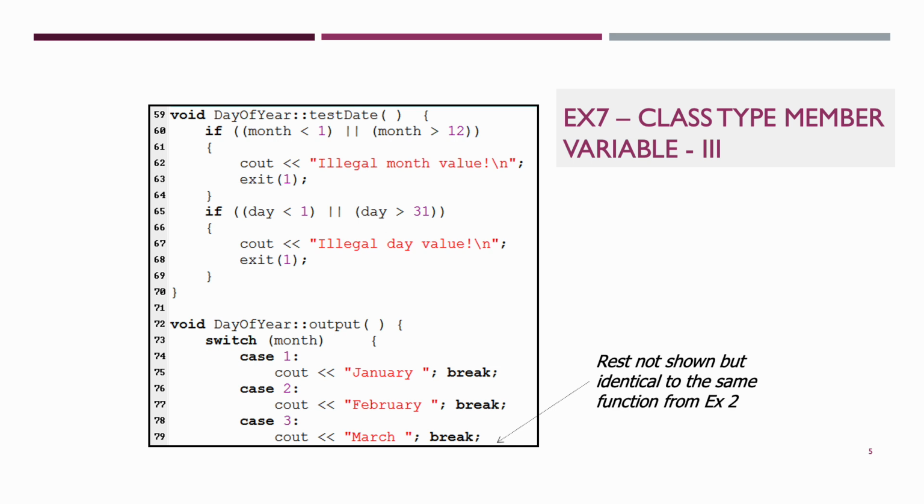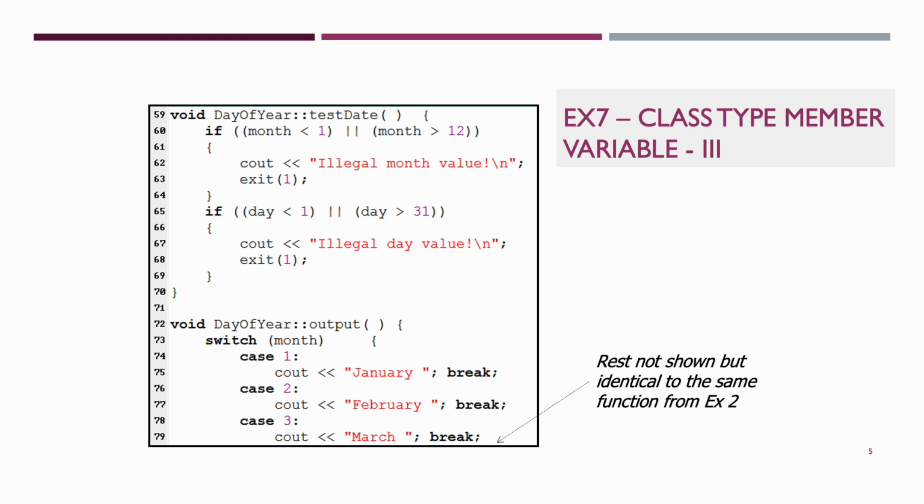It ensures the month value falls within the range of 1 to 12, which represents the months January to December, basic checking of whether the date format is good or not. Then it prints "illegal month value" if it's not, or otherwise it exits. Same with the day, it checks if the date is between 1 to 31.